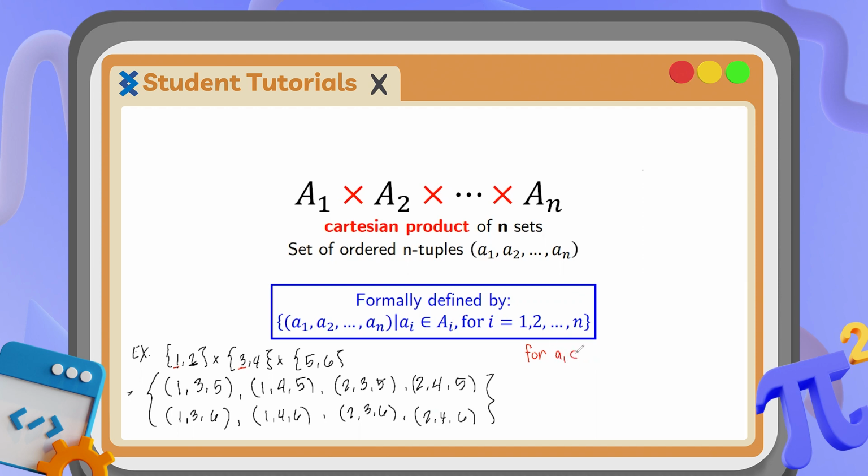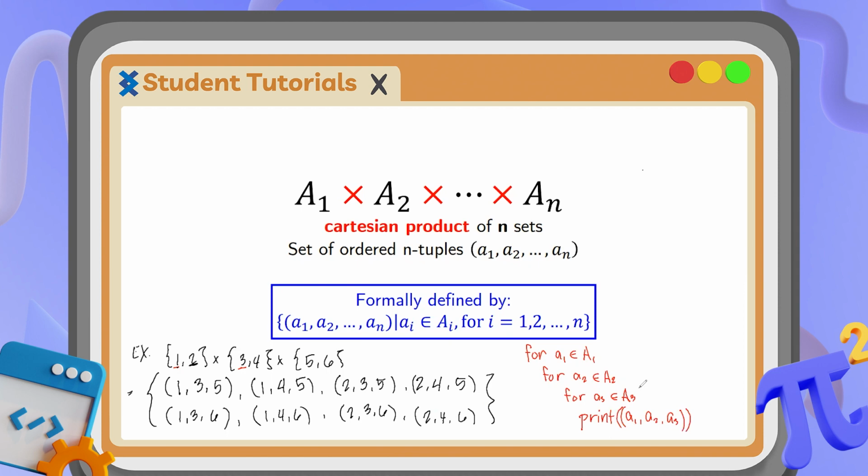For a sub 1 in A sub 1, for a sub 2 in A sub 2, for a sub 3 in A sub 3, print the tuple containing a sub 1, a sub 2, a sub 3.